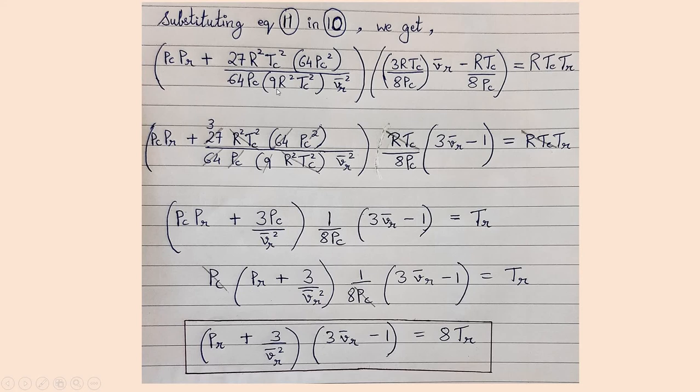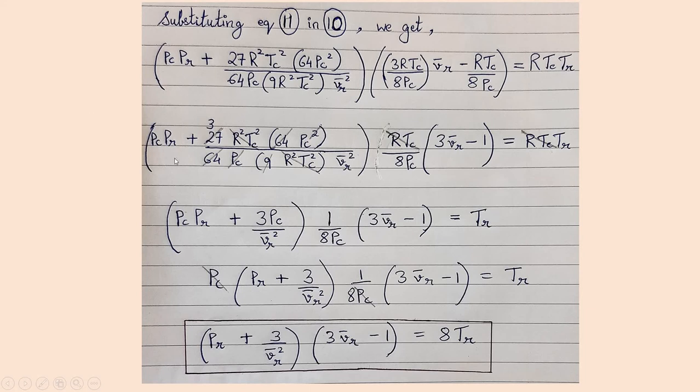Then this will become 3 into 3, 9, R square, TC square, and VR square. In the same way, again substituting here, 3 RTC upon 8PC into VR minus RTC upon 8PC, which equates to R into TC into reduced temperature.